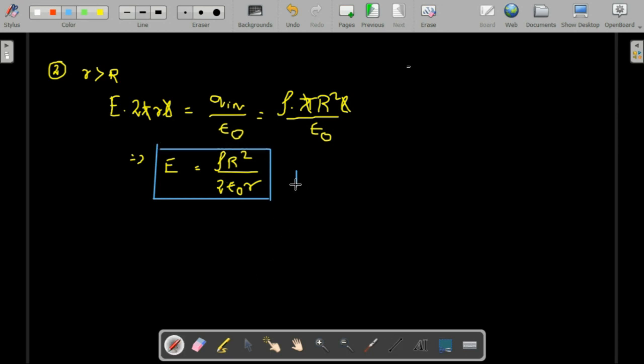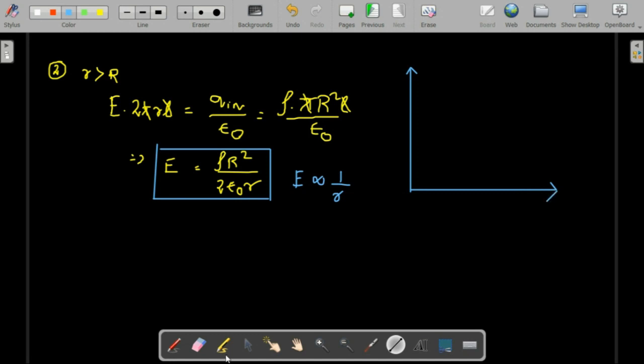But here we see that the electric field is proportional to 1 by R. This is interesting. When inside it was proportional to R, when outside it is proportional to 1 by R. That means we can again draw a graph. So let's try to draw a graph here.